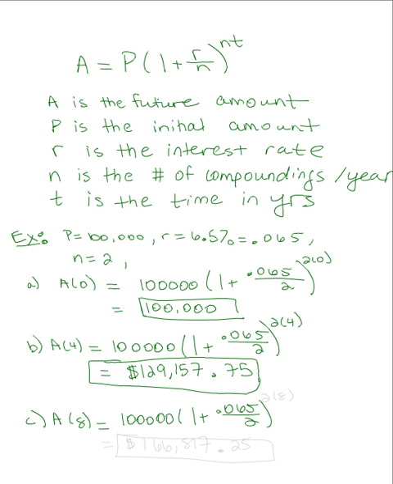And keep in mind here, it's only being applied twice a year. It could be applied monthly, and that, of course, would increase the amount of money. If you put this into a calculator, you get as an answer $166,817.25.